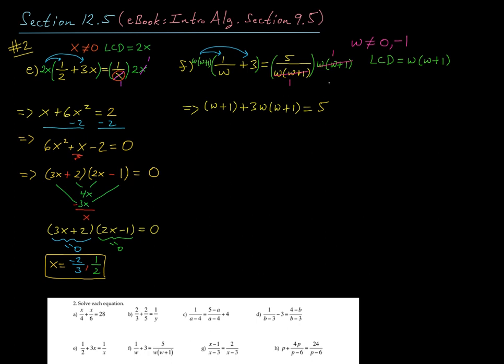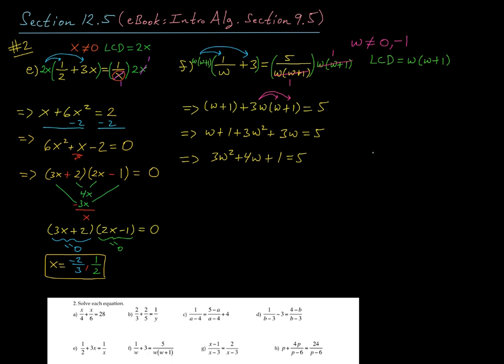Okay, so now just keep plugging away. Let's go ahead and open parentheses on the left side by distributing the 3W. And so we're going to go to W plus 1 plus 3W squared plus 3W. That's going to equal 5. Combine like terms on the left, so I'll get 3W squared plus 4W plus 1 is equal to 5.